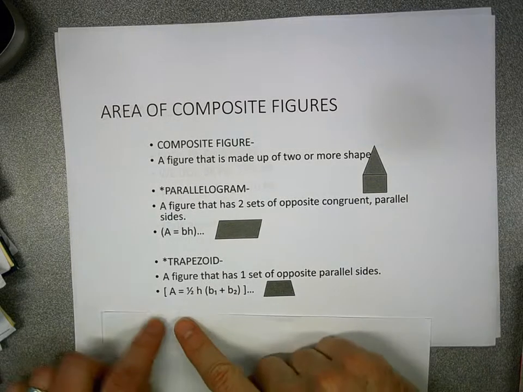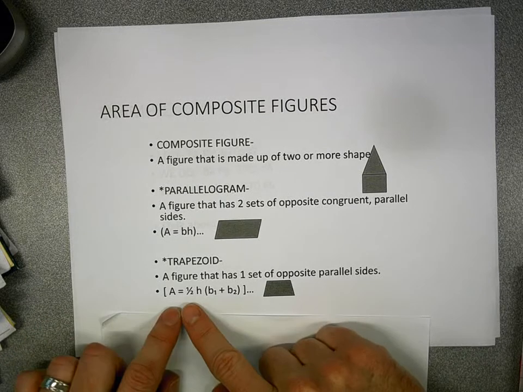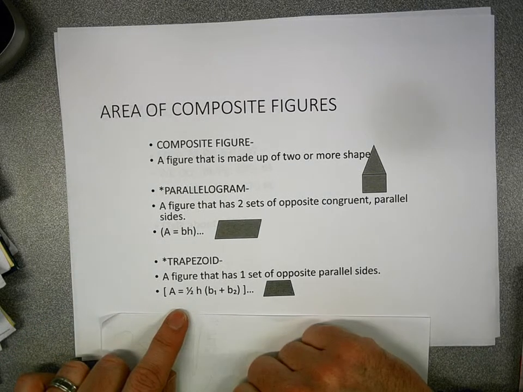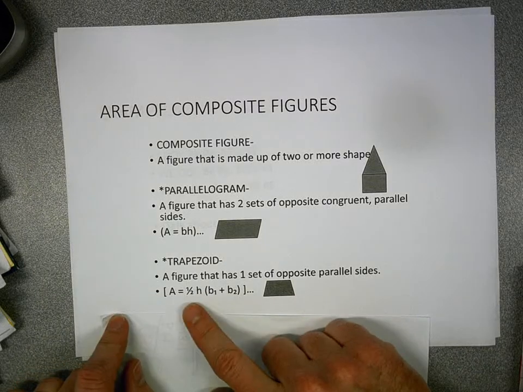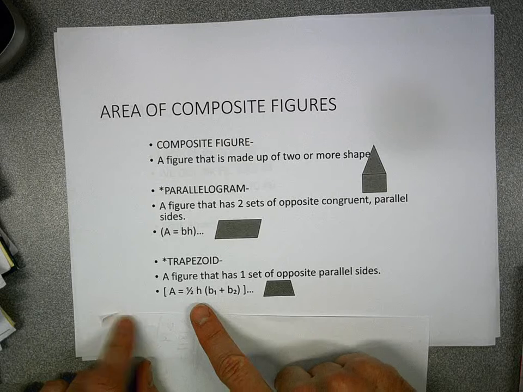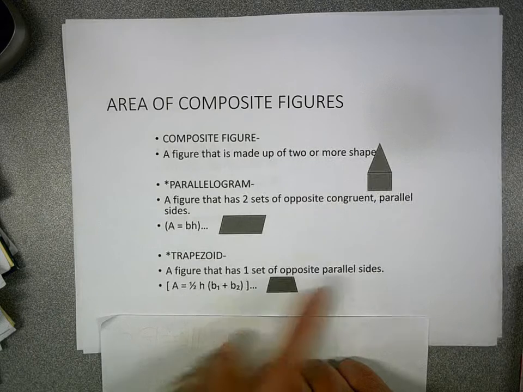So if you write this down, this is very much like the formula for area of a triangle. Area of a triangle is 1/2 base times height, or 1/2 height times base. But this one is 1/2 times height times the sum of both bases, which both bases are the parallel sides.